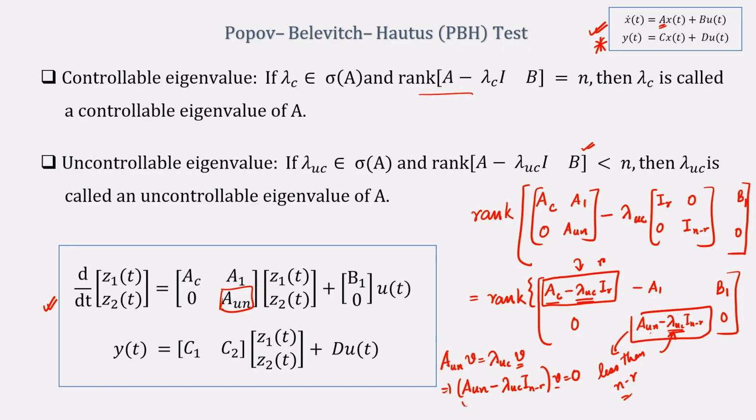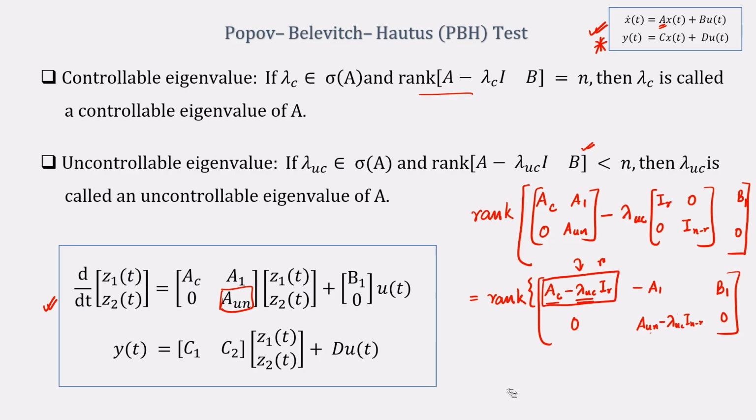So, that means that A_un minus lambda_uc I_(n-r) must be a singular matrix, and the rank of this matrix has to be less than n minus r, because I must find some vector in the kernel of this matrix.